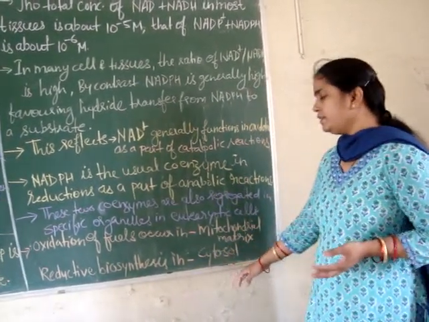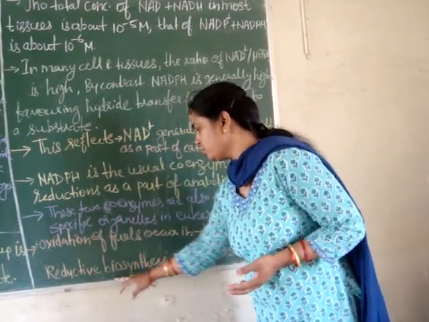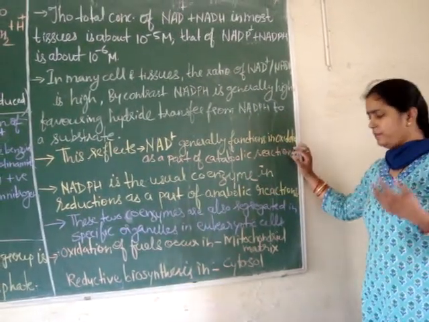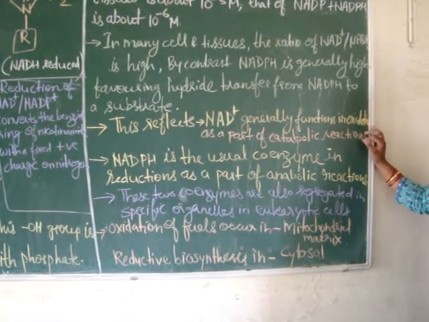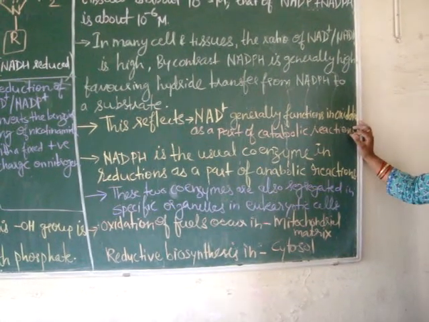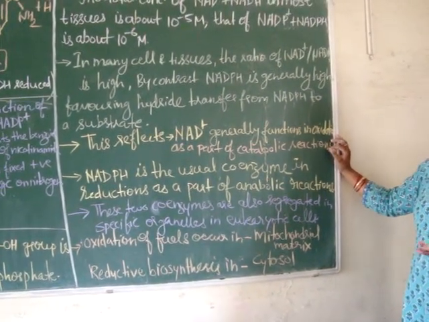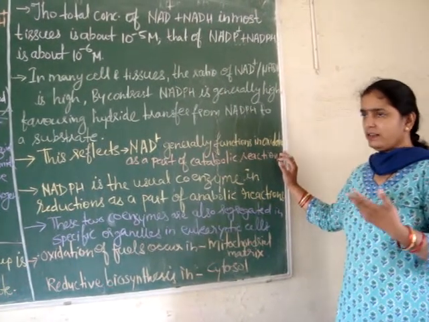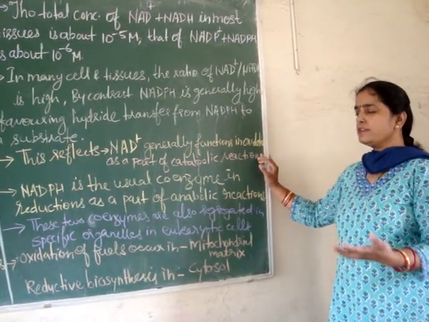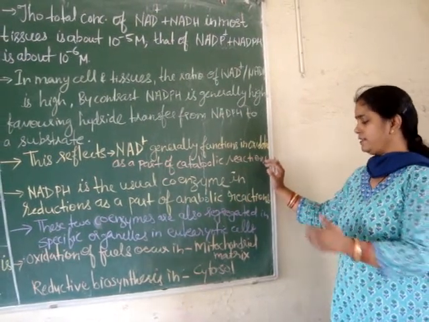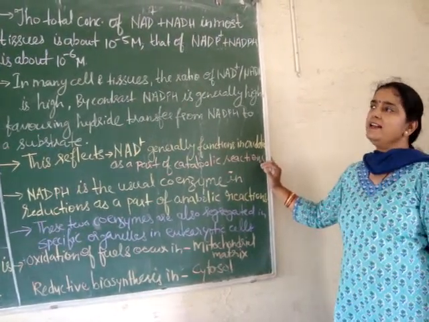Whereas reductive biosynthetic reactions mostly take place in the cytosol, where NADPH provides electrons for the reductive biosynthesis. That means these two coenzymes form two distinct electron carrier pools in segregated compartments, the mitochondrial matrix and the cytosol.